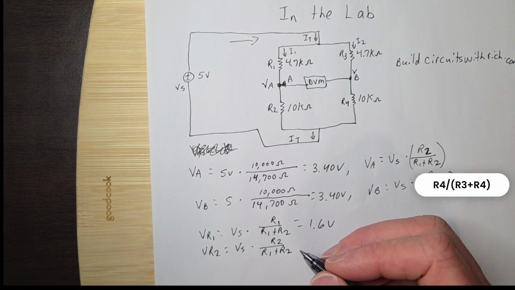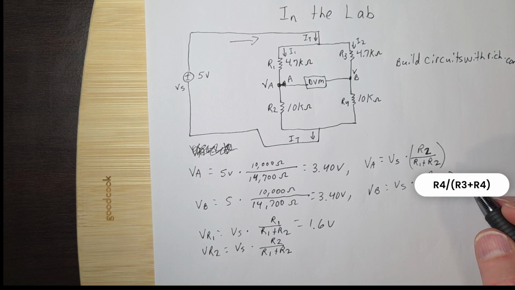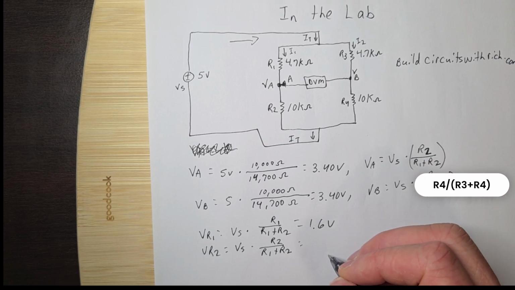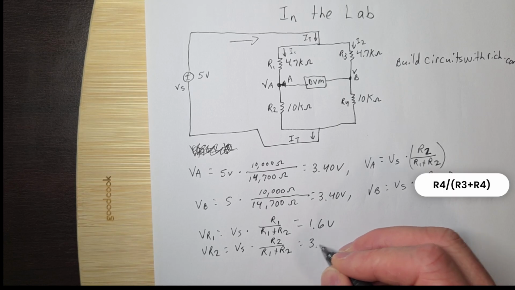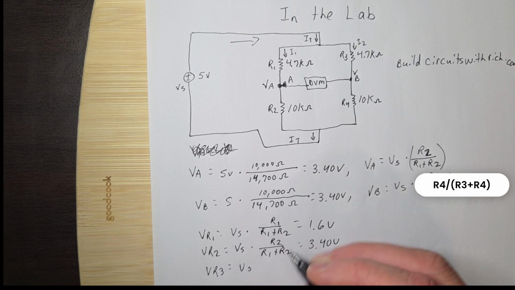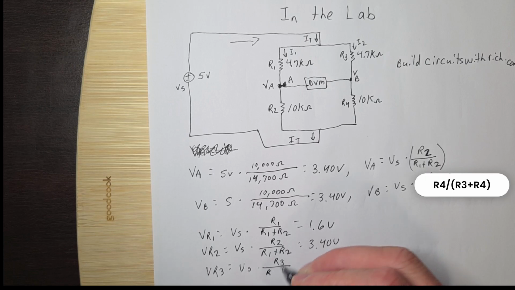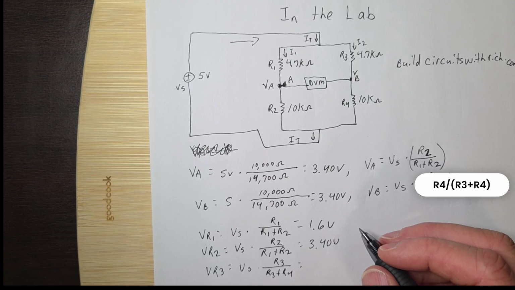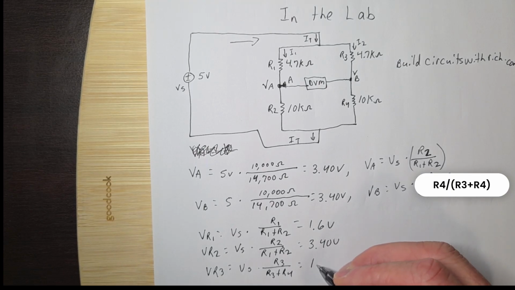And of course, that's going to be equal to what we just came up with, right? And then VR3 is going to equal VS times R3 over R3 plus R4, right? And that's going to be equal to 1.6 volts.